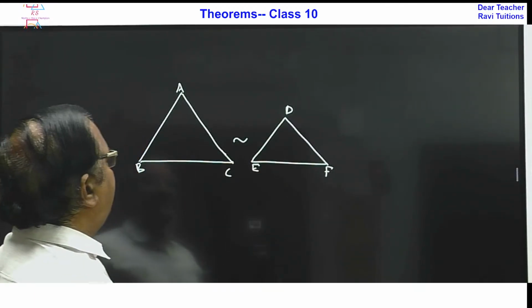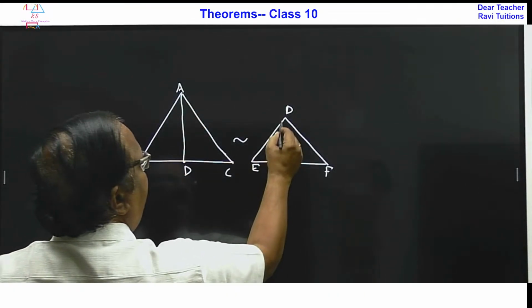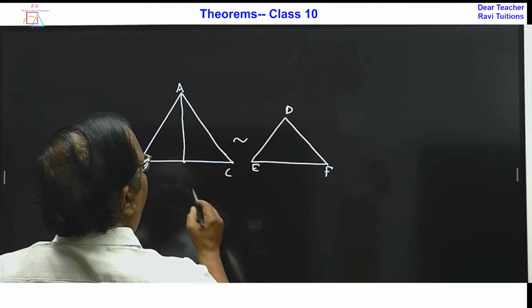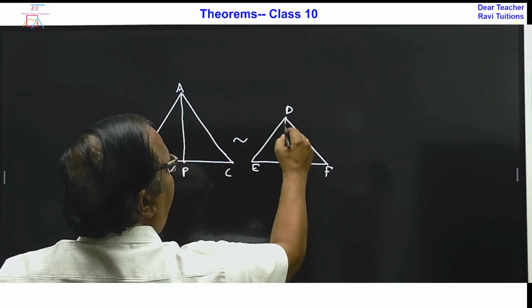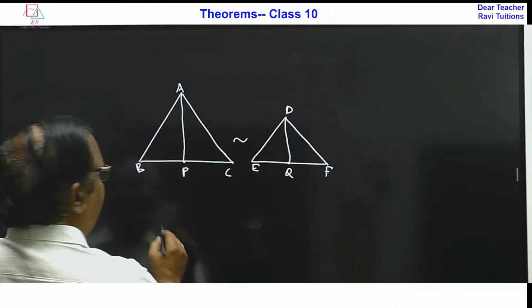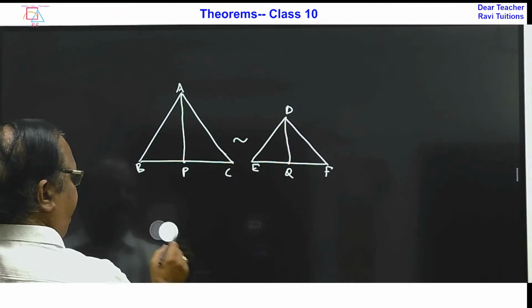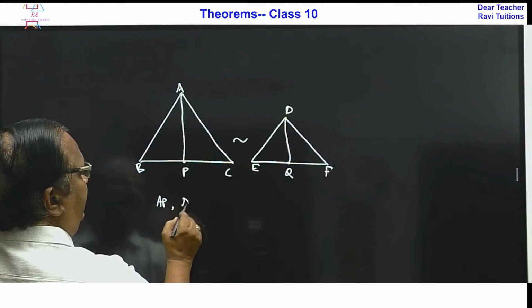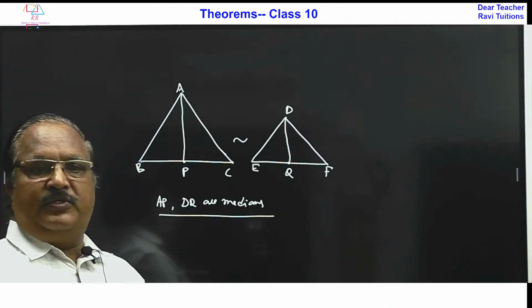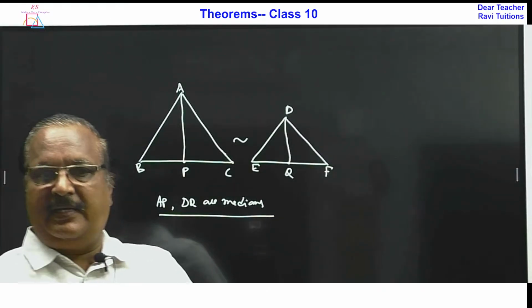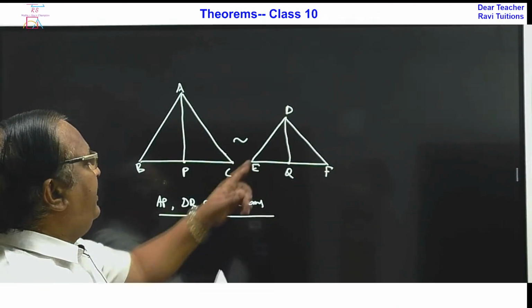Then take the corresponding medians. This is the median AP, and this is the median DQ. So these two are similar triangles, and AP and DQ are medians.